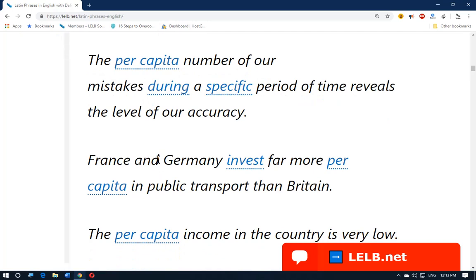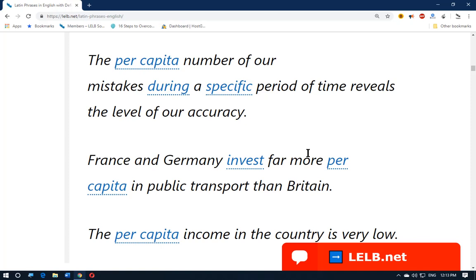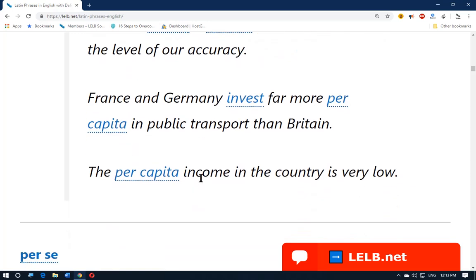France and Germany invest far more per capita in public transport than Britain. Remember, public transport is the British style for public transportation, which is American. And the per capita income in the country is very low.